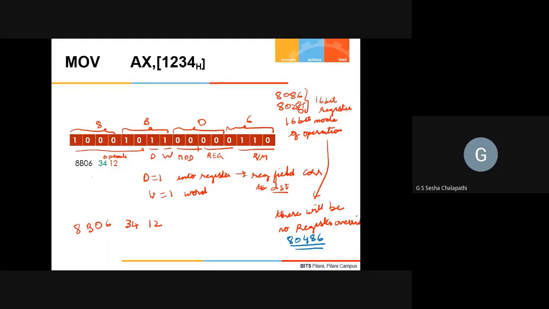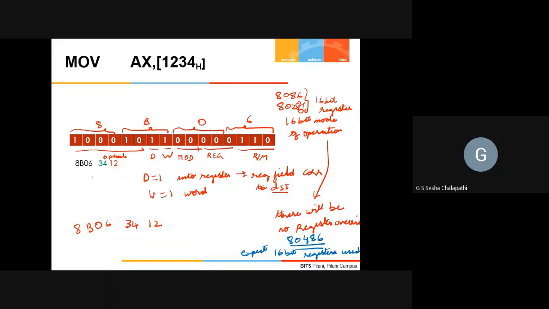If there is no register override, or there is no violation in terms of the registers being used, then we will understand that in 16-bit mode of operation, you will expect only 16-bit registers to be used. That is the expectation. If only 16-bit registers are used, you will not have any register override prefix.